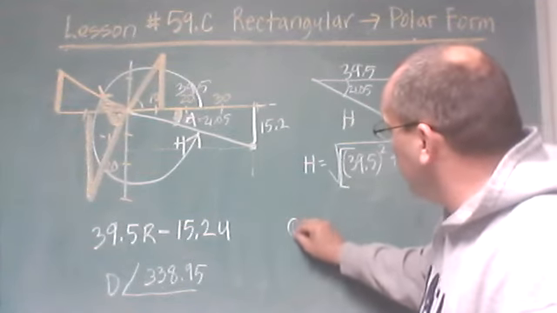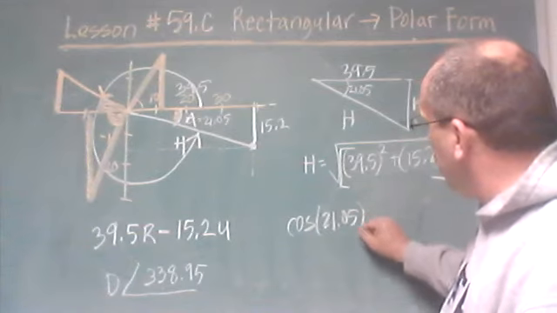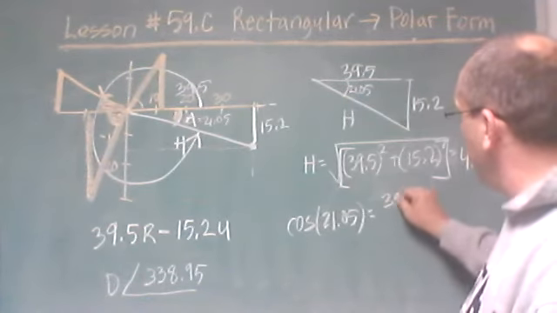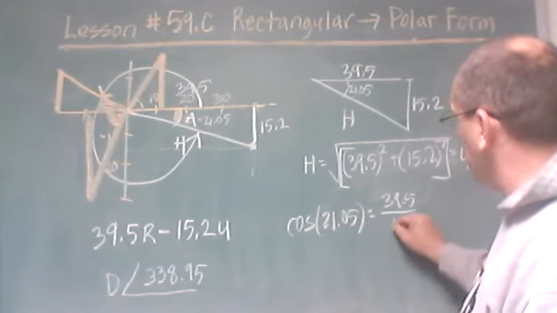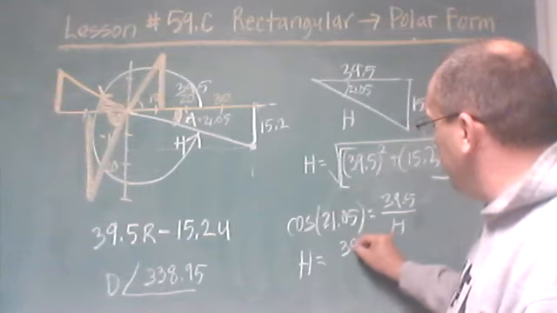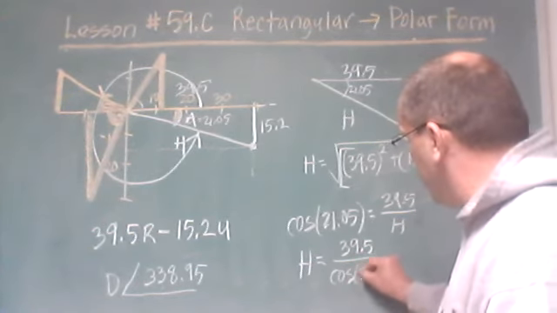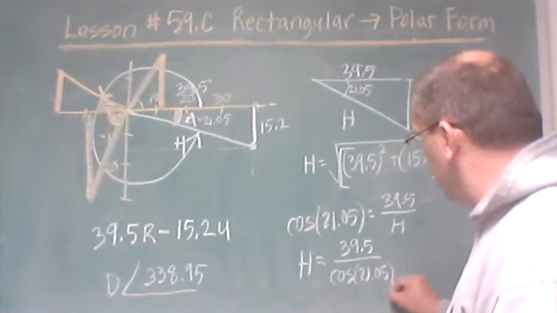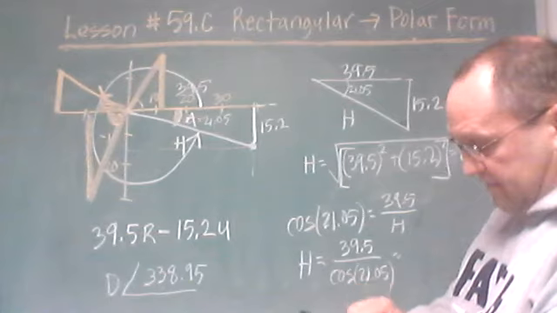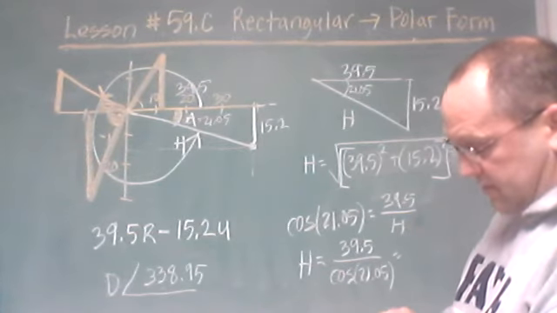I'm going to use my cosine function. The cosine of that angle, 21.05, equals the adjacent leg length, 39.5, over the hypotenuse. To solve for the hypotenuse, I rearrange the equation: it equals 39.5 over the cosine of 21.05. When I do that, 39.5 divided by, I hit my cosine button, type in the angle, close it off, and hit equals.